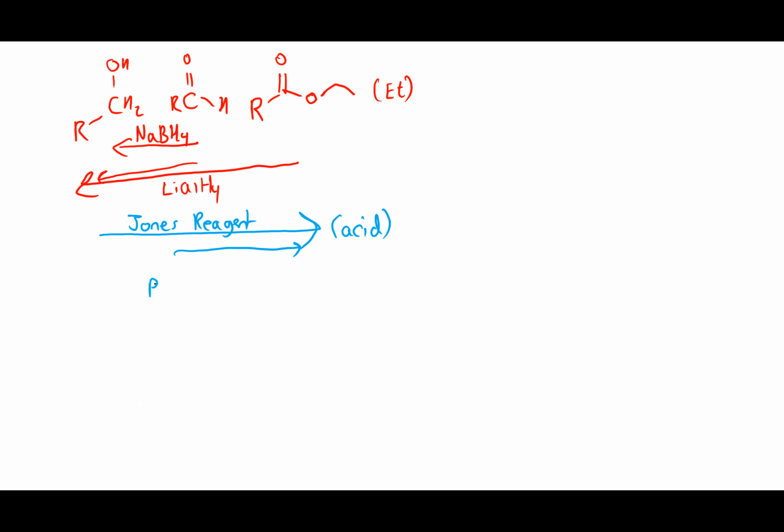And PCC takes us from the alcohol to the aldehyde. So we kind of have a way here to go all the way, part of the way, or just the final step.